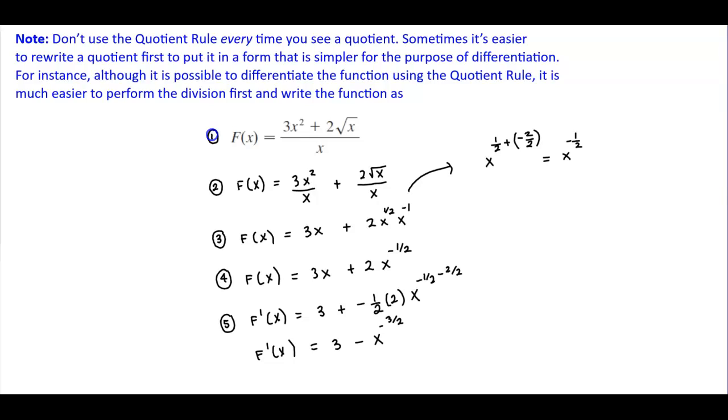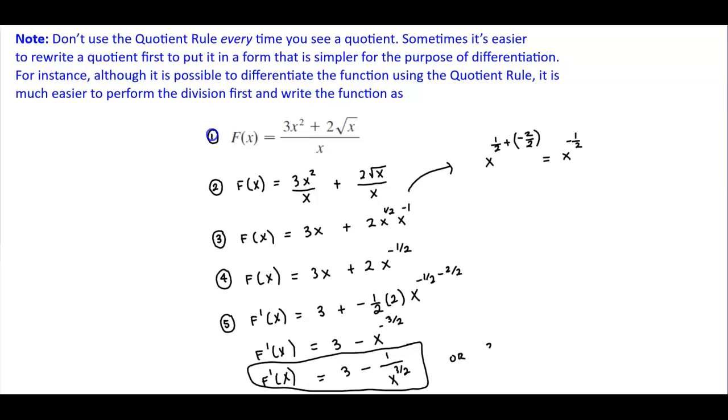So if we want to simplify that a little further, we would have 3 minus 1 over x to the 3 over 2.